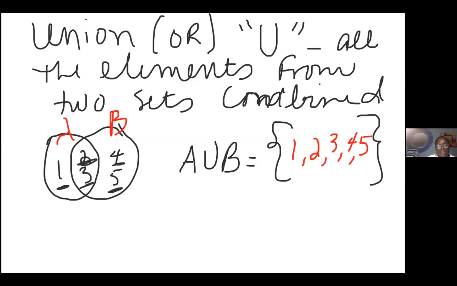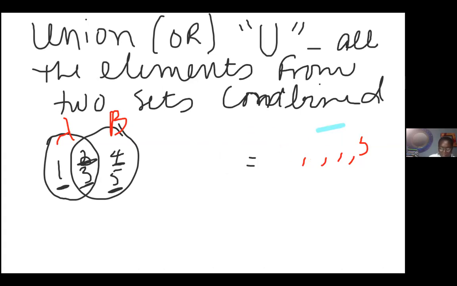So guys, again, the elements can be in A, they could be in B, or they can be in both sets. As long as it satisfies one of those three, it's part of the solution, the union of A with set B. Now, how does this look with an inequality? So let's go ahead and look at an inequality, guys. I am going to erase part of this here so we can address the inequalities.